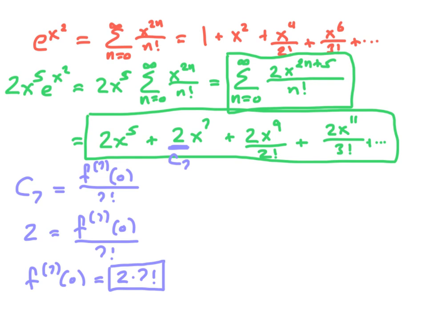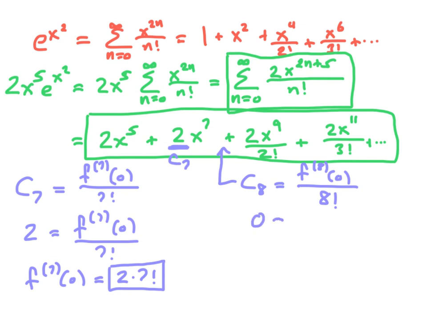To find the 8th derivative of f, we use the analogous formula that c8 is going to be the 8th derivative of f evaluated at 0, all divided by 8 factorial. We then look at our Maclaurin series, and we notice that there is no term x to the 8th in our Maclaurin series. This tells us that c sub 8 is actually going to be 0.